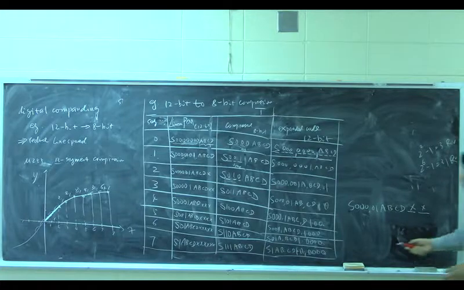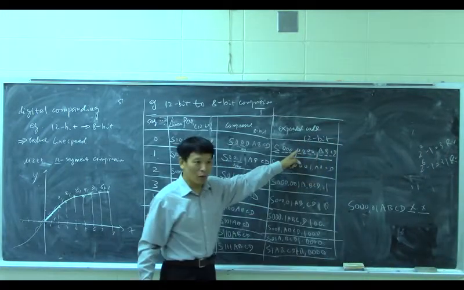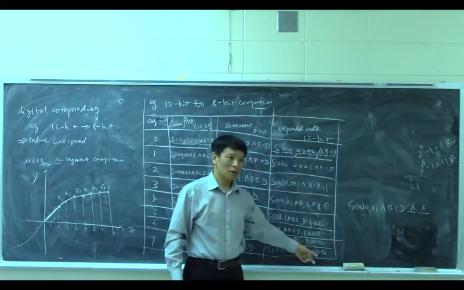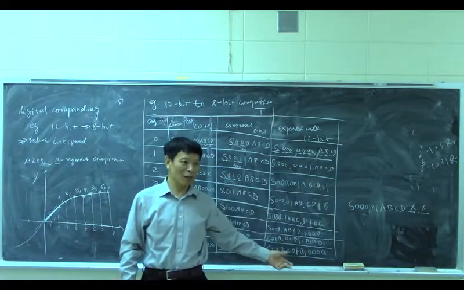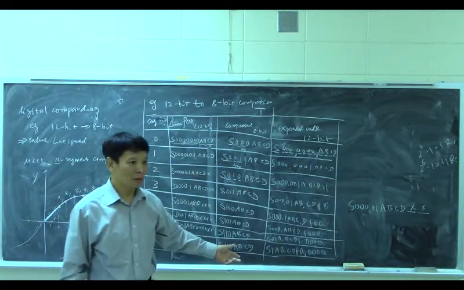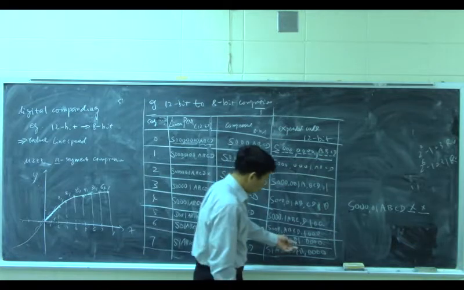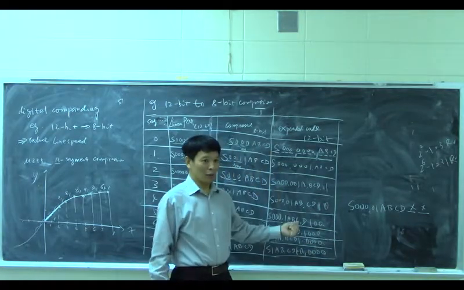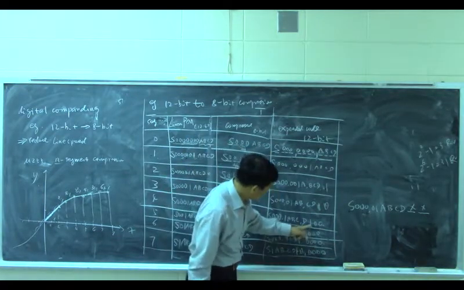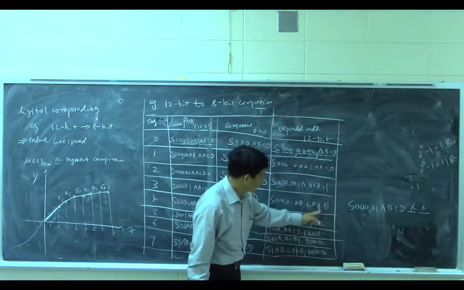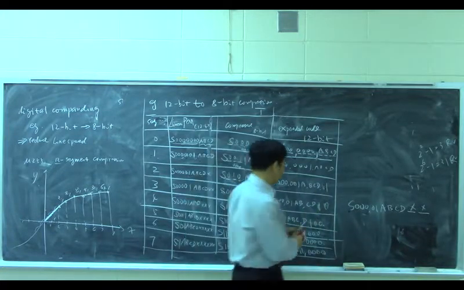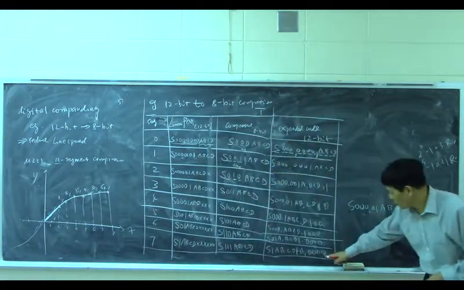So you can see, for smaller numbers, the error is small. For large numbers, the error can be large. But we discussed the relative error. If you put like this one here, you always put one here. What is the maximum error here?